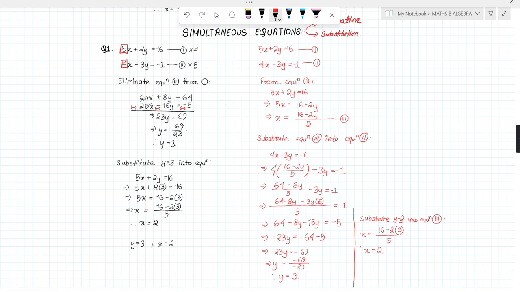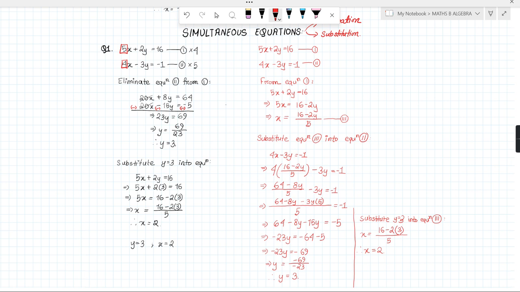Right, so I used one question and solved it with both elimination and substitution, so that you can see the difference between how you would solve the simultaneous equation using the elimination method and using the substitution method.